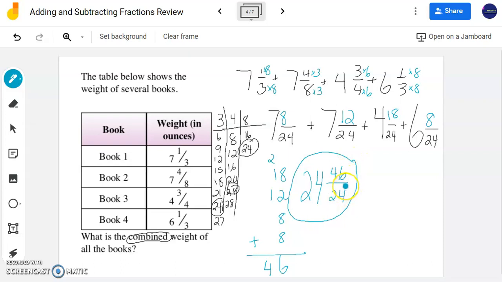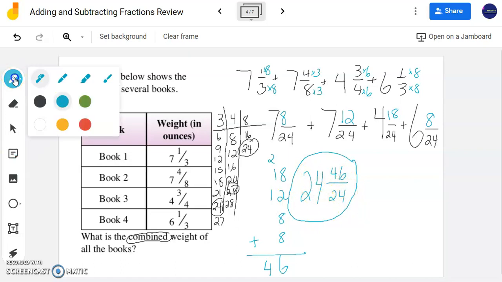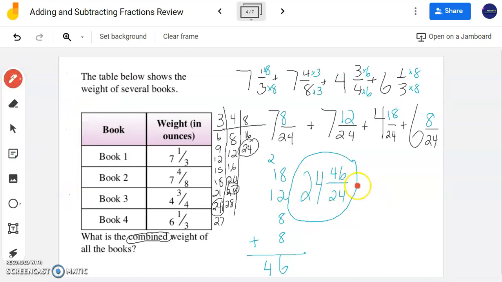So let's convert this and change this to a mixed number, a real mixed number where we have a whole number and a proper fraction. So in red, let's go over how to do this. 46/24ths. Well, let's break this into two pieces. So I have 24/24ths. That's one whole. So if I use 24/24ths, I still have another piece of 24ths left.